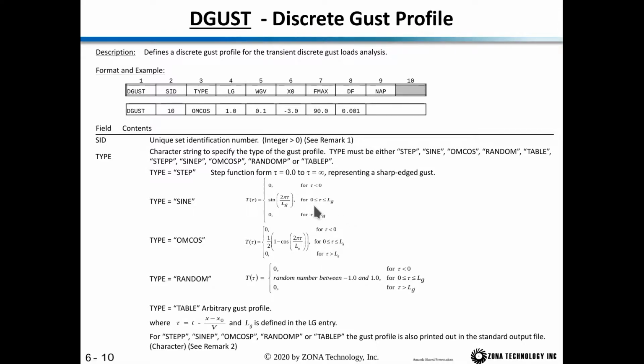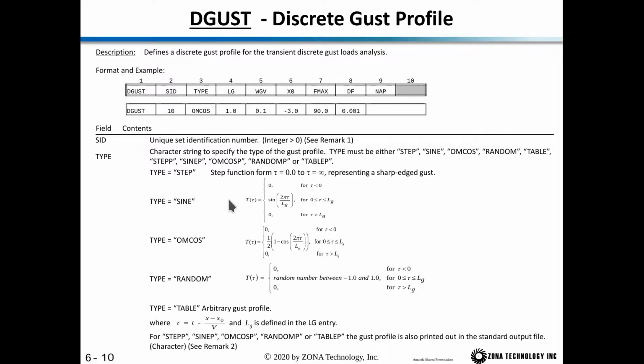But when tau is between 0 and Lg, then we have a single sine wave. For 1 minus cosine, similar, we have one 1 minus cosine wave. So the advantage of the 1 minus cosine over the sine is it's continuous first and second order, whereas with the sine, you've got a rapid, sharp change in the velocity.